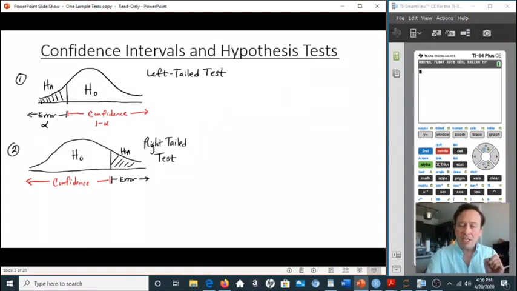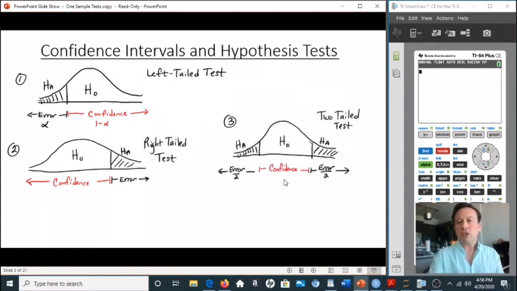And now the two tail test, this is really what you learned with confidence intervals. We learned confidence intervals start at one number and end at another number. We didn't learn these confidence intervals over here where the confidence interval might go to infinity or it might go to negative infinity. We didn't look at those, but now we will.